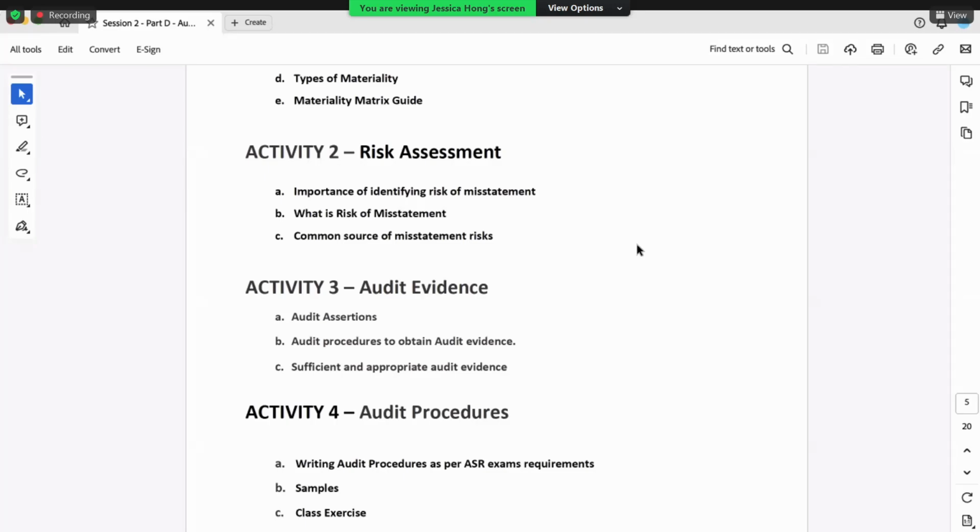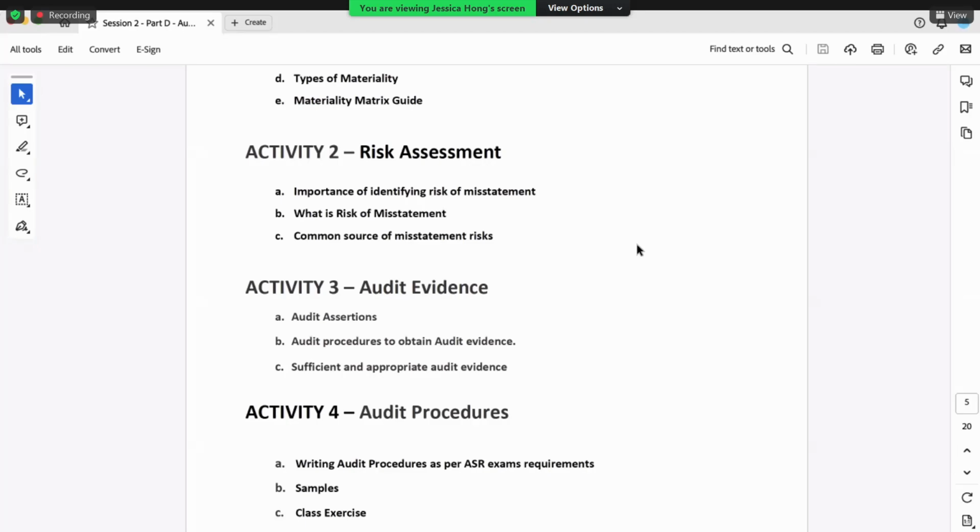So we read some of the suggested solutions offered by ASR, and we notice that they want the audit procedures to be written in a certain format. So in activity 4, I would like to share with you how you should write audit procedures in exams.